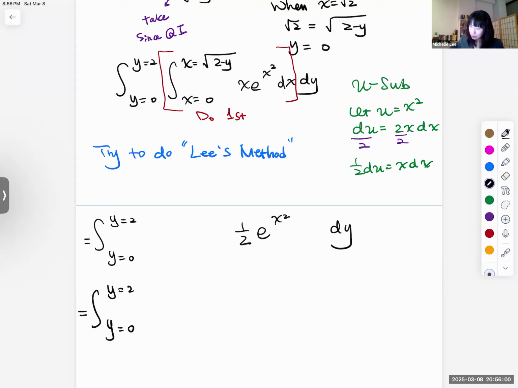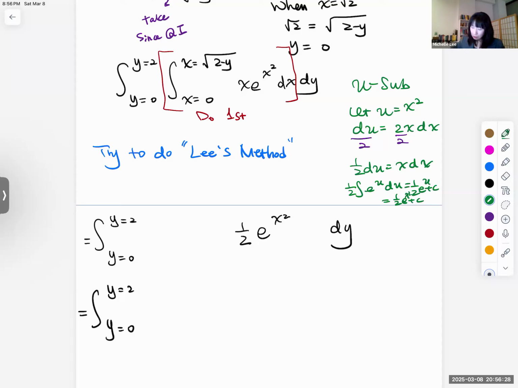So I should not be here, right? Because we have already integrated, right? So 1/2 e to the u du equals 1/2 e to the u plus c. What's the u? 1/2 e to the x squared plus c, right?